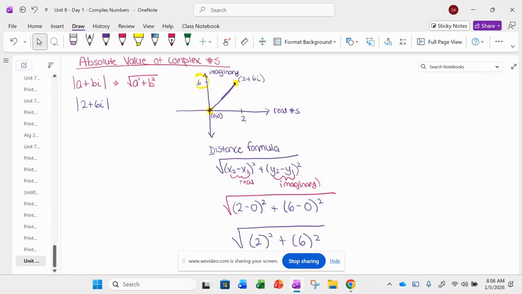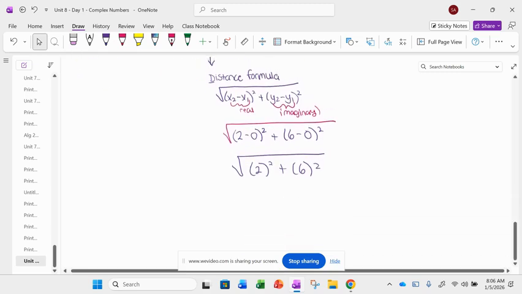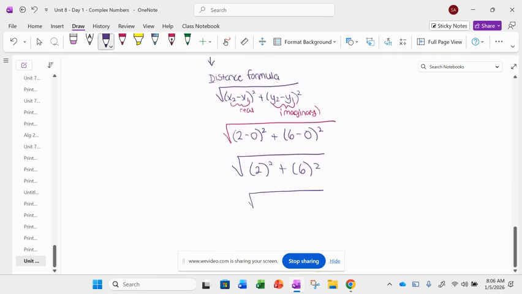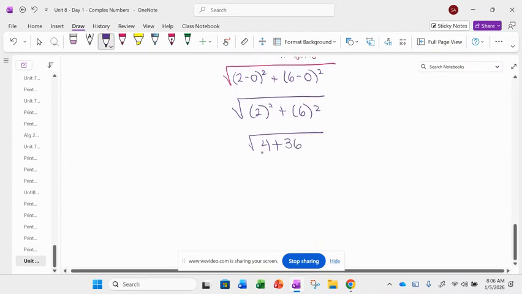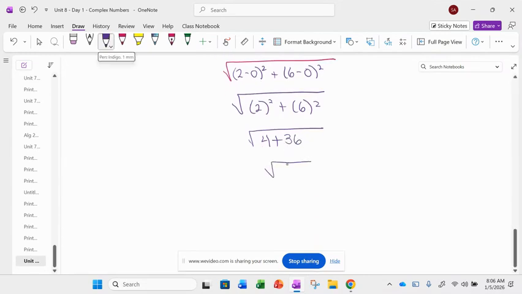Well, isn't that exactly what we just did? 2 squared plus 6 squared? And that's why that works, because we're essentially just using the distance formula from the origin. So then if we simplify what's under the square root, we have 4 plus 36. And then we have the square root of 40, which is going to be 2 root 10.